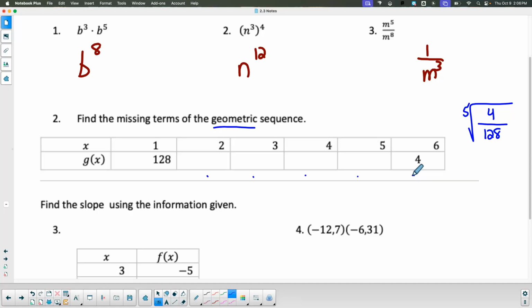So that would be the 5th root. Well, luckily for us, 4 over 128 simplifies to be 1/32. So it's the 5th root of 1/32. 5th root of 1 is 1. 5th root of 32 is 2.